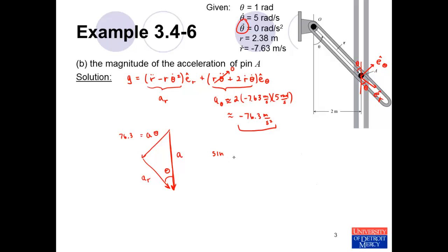So again, we use sine because we have the opposite and we want the hypotenuse. And then in order to solve for the magnitude, we multiply the a to the left, divide through by the sine.